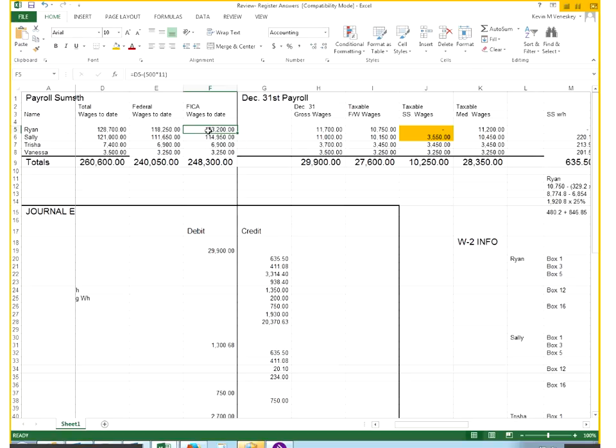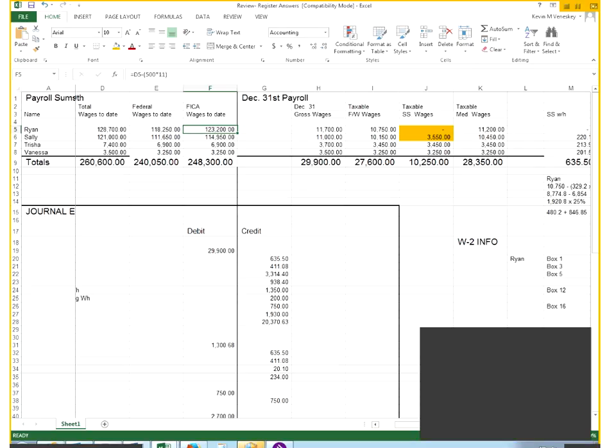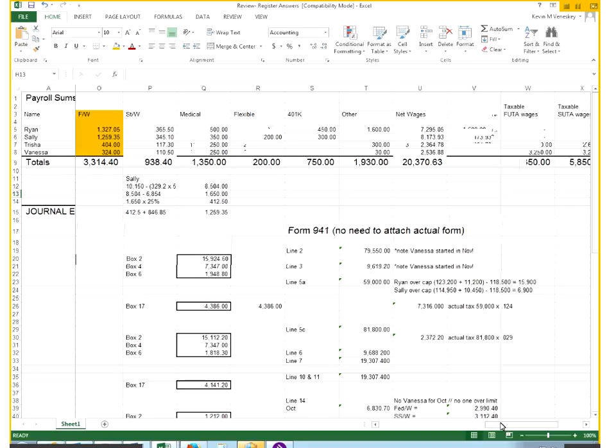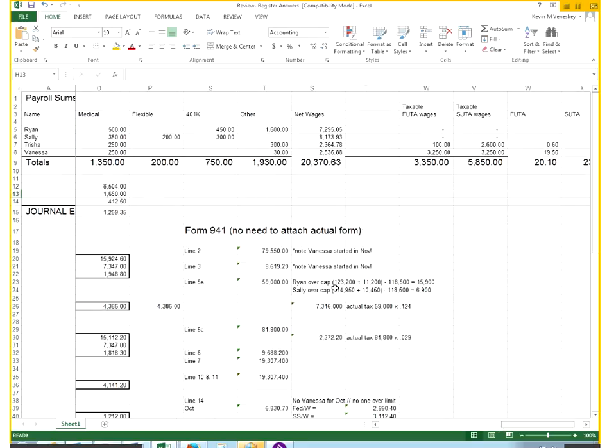I want to know how much has Ryan earned in Medicare wages. So what I would do maybe off to the side is say he's earned $123,200 and he earned an additional $11,200. So let's add up these two off here to the side. That puts me at $134,400. And that's kind of what I did here.